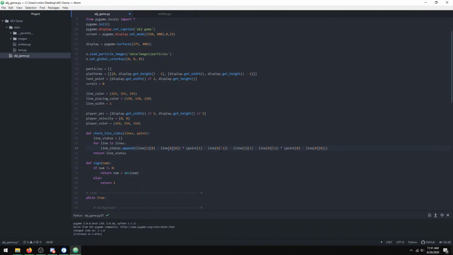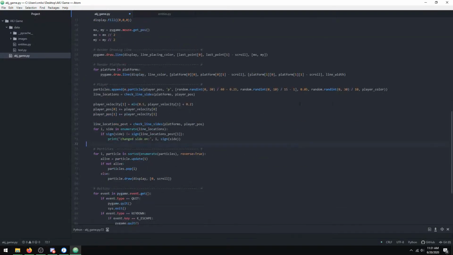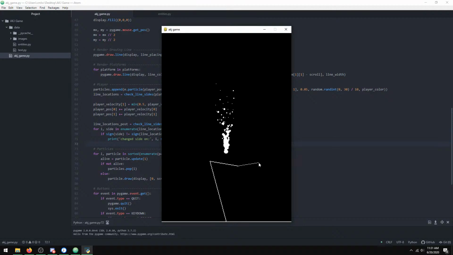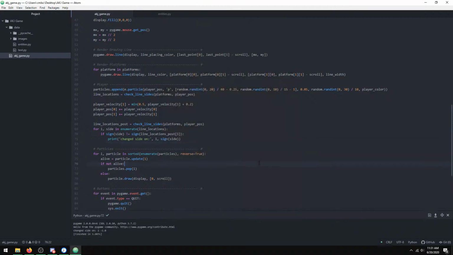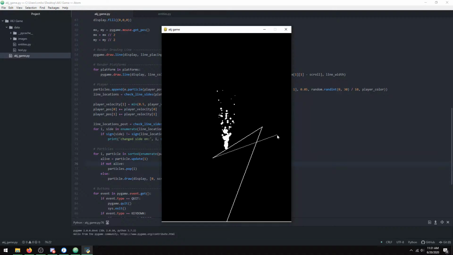This is minus y-axis of 1, y 0 times x minus 0x. Let's try that again. Boop. I think this one's working now.